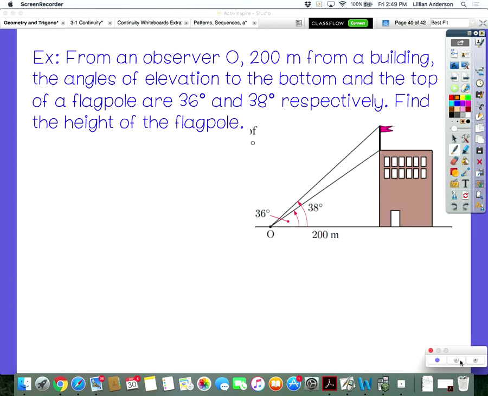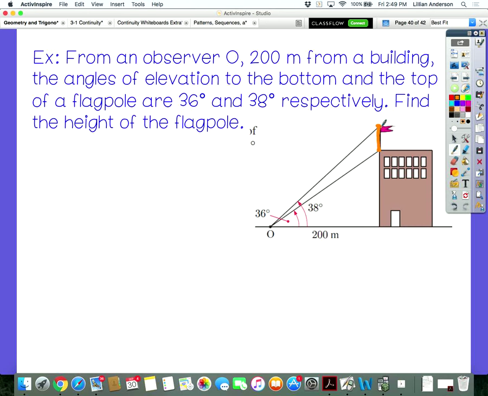So it says the angle of elevation to the bottom of the flagpole goes with the first angle, so 36. And then to the top of the flagpole goes 38. All right, that's what respectively means. Then it says find the height of the flagpole. So guys, if this is the bottom of the flagpole and this is the top of the flagpole, they want you basically to find this length right here. Okay?